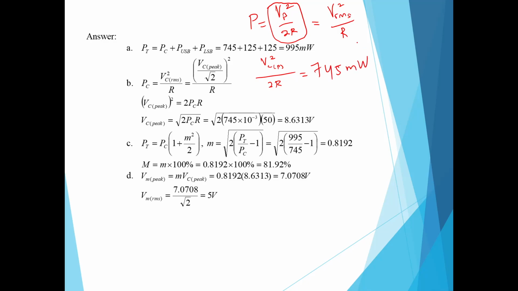So that means Vc peak square is equal to 2 times R, which is 50, times 750 milliwatt. Okay, and this is equal to, let's try to do this, 100 times 750 milli. Okay, so we get 75.